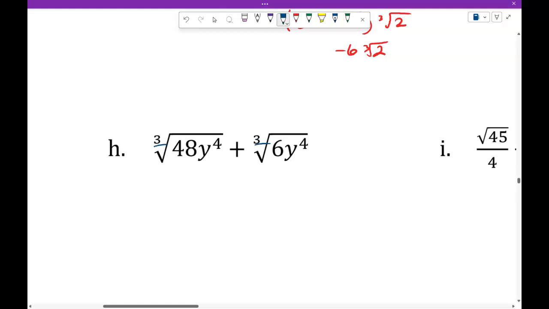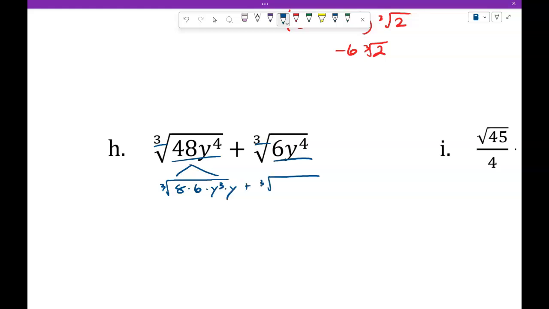We have cube roots, so we can possibly add these. We just want to simplify first to check. 48, we can rewrite as 8 and 6. Y to the 4th will become y to the 3rd and y. 6, we can't split and get a cube root, but we can with y to the 4th make it y to the 3rd and y.